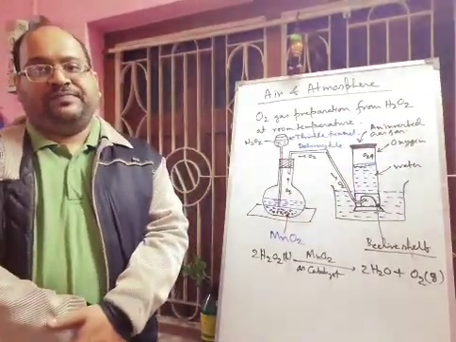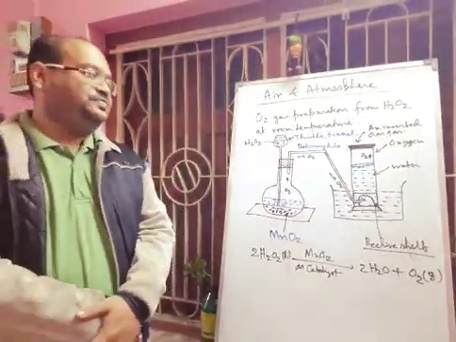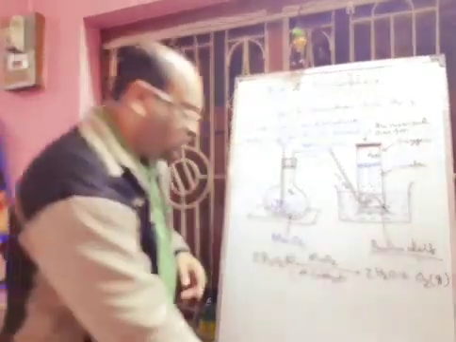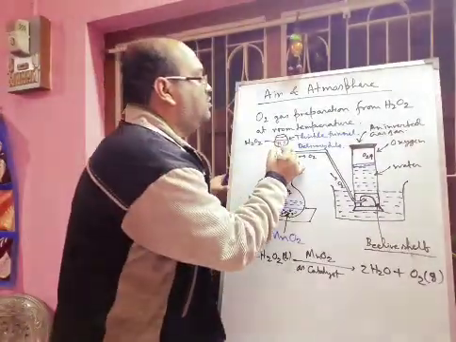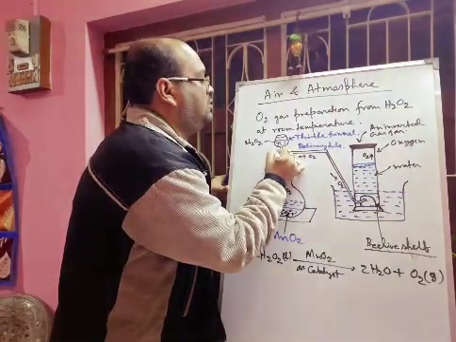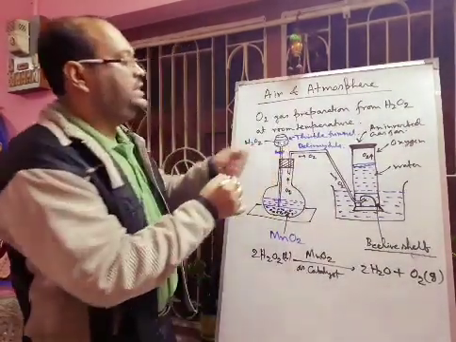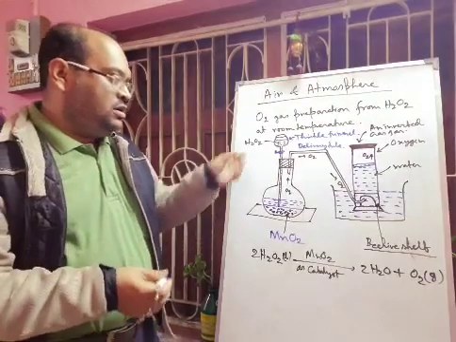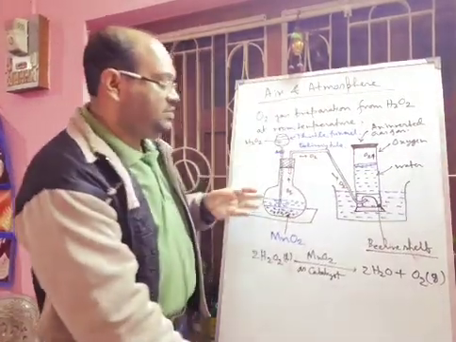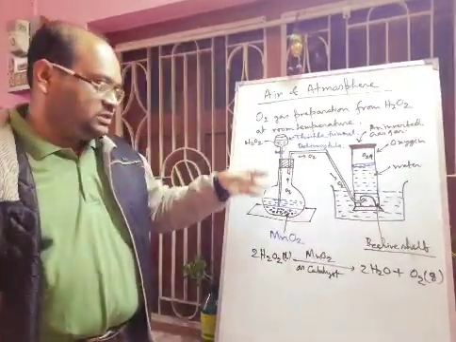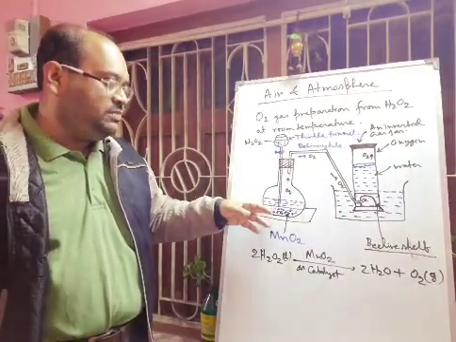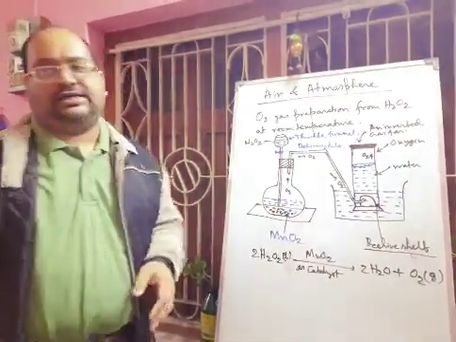Hope you can understand. Next, one stopper will be there that I forgot to draw. If you open this, then drop by drop the hydrogen peroxide will come out through this funnel, and it will mix with the manganese dioxide.